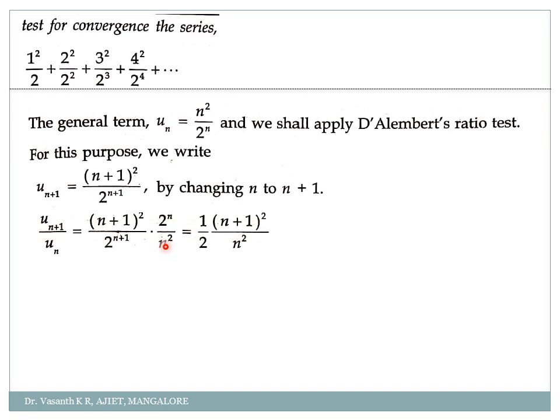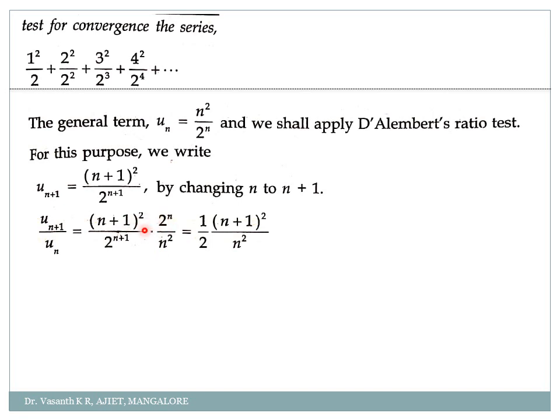Hope you are clear with this step, my dear students. See, this divided by 2 to the power n divided by n square will be there, correct? So that 2 to the power n divided by n square, if you take it to the numerator, it will become n square divided by 2 to the power n, sorry. If you take it to the numerator, it will become 2 to the power n divided by n square. Okay. Then what to do? We have to simplify this. How to simplify?